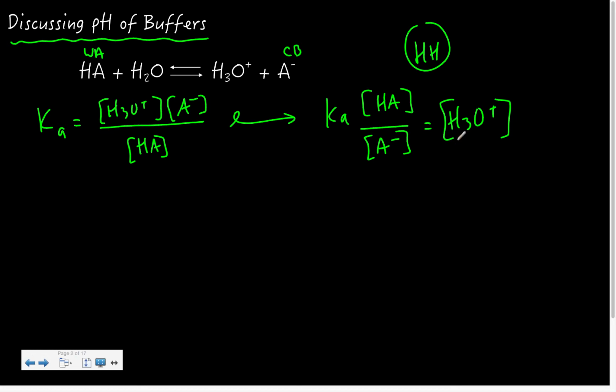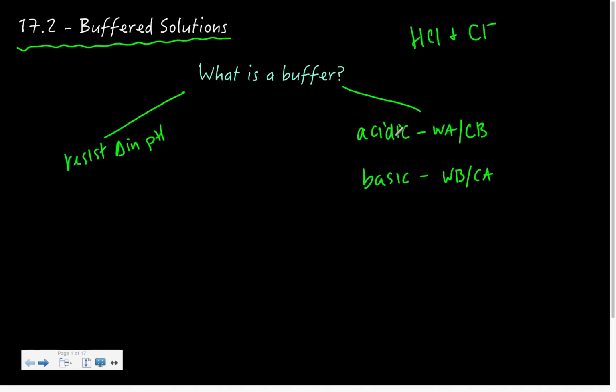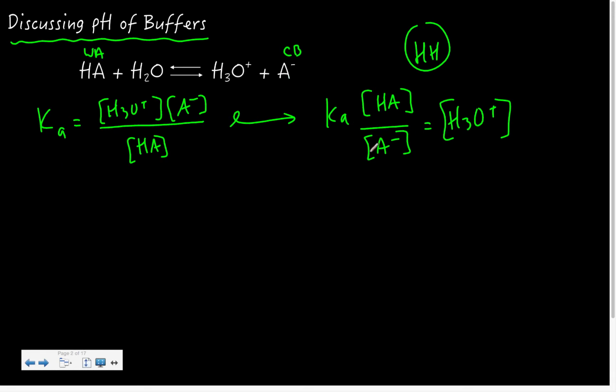So now if we look here, we know that H3O, which is the thing that determines pH, is equal to this relationship, where we have our Ka and also our HA over A minus, where HA is my weak acid and this is its conjugate base. If we go back one slide, that's what we were talking about: an acidic buffer is composed of those two components. So we got that here, and then we have our Ka value.